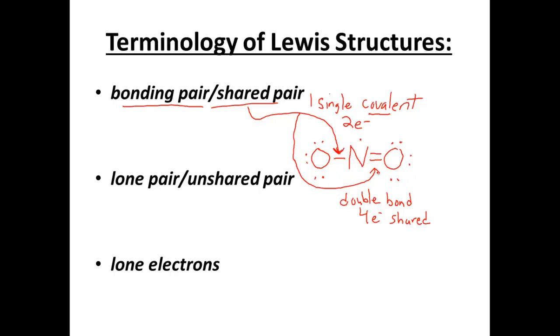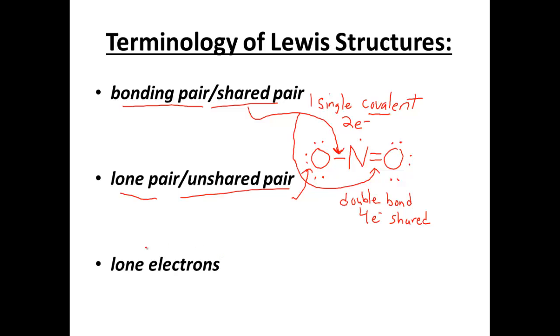So we have our single and our double bond. There's even a triple bond out there we'll see later on. That's as much as we can get. So single bond, double bond. Then we have our lone pair or unshared electrons. Those are going to be any of our pairs on the atoms that are not being shared. So those will be our lone or unshared pairs of electrons.